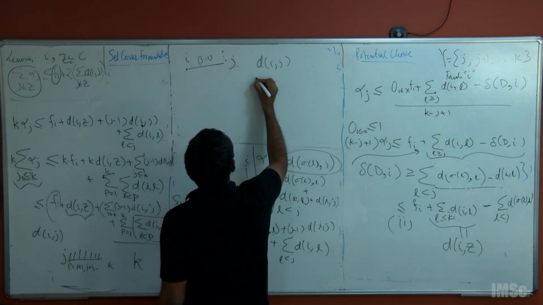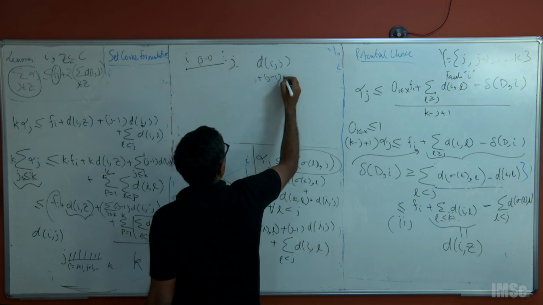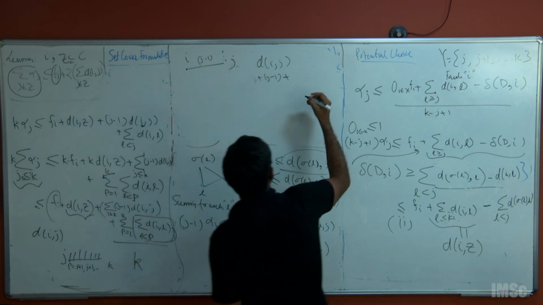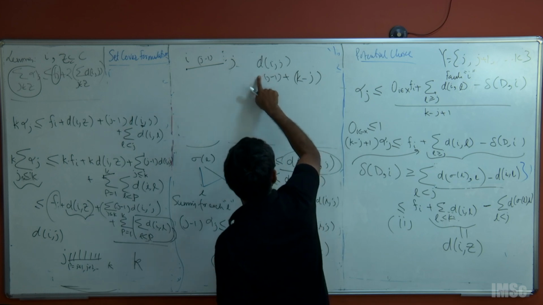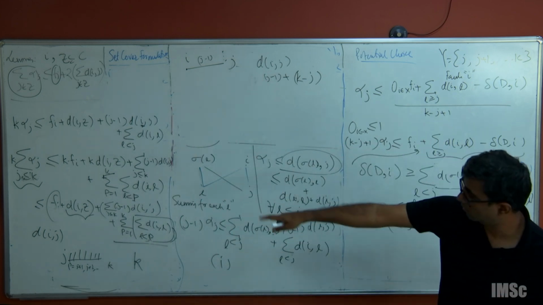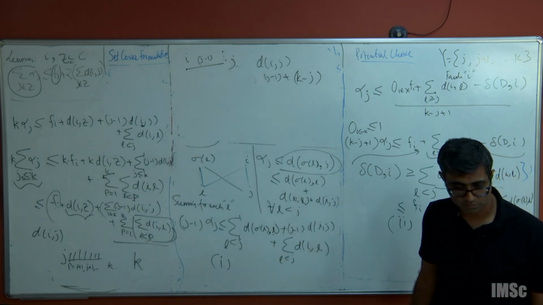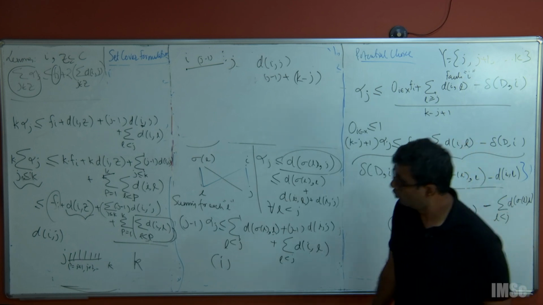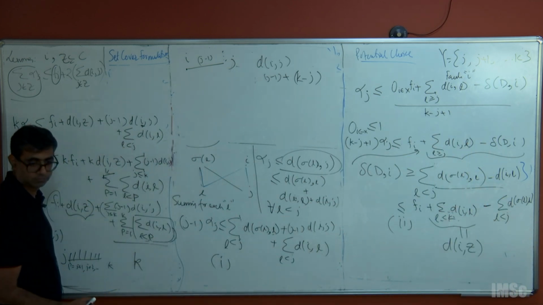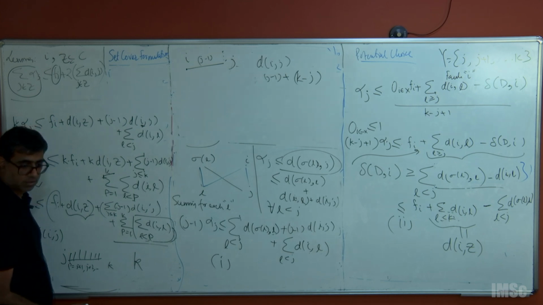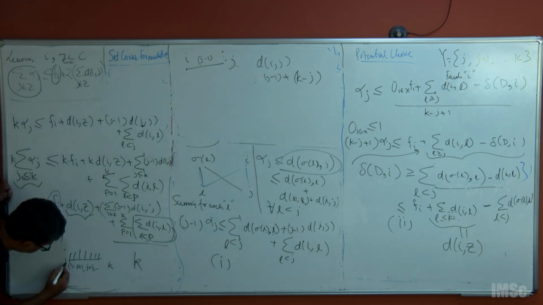How many times is dij counted? j minus 1 times, plus k minus j times from here. Yes or no? Look at dij, right? When is dij counted here? Imagine j is 5.